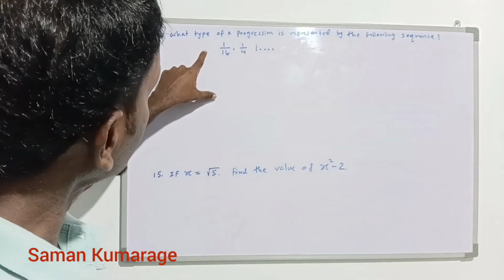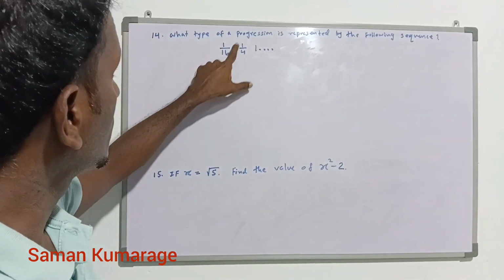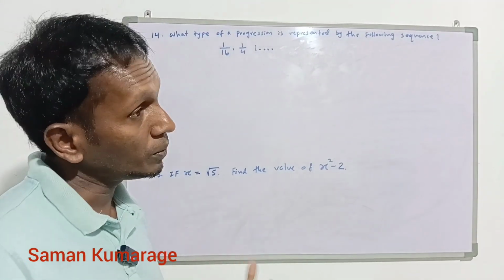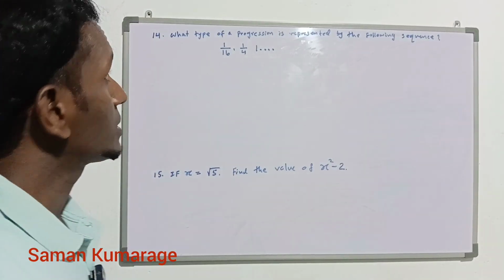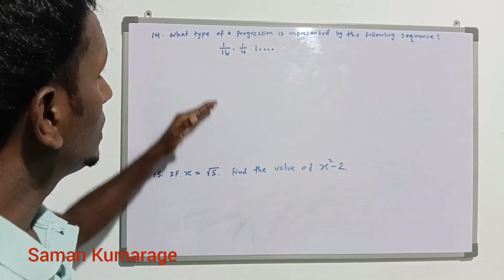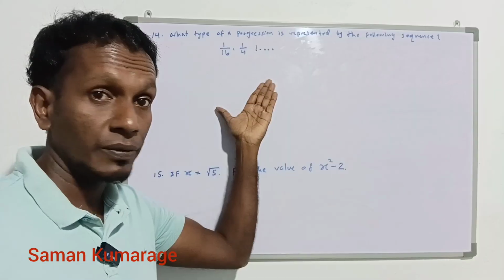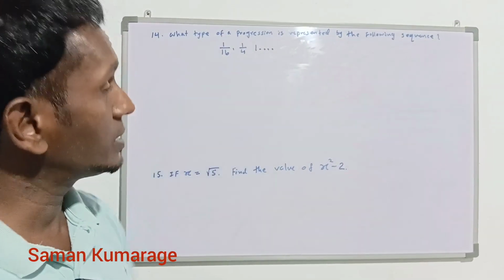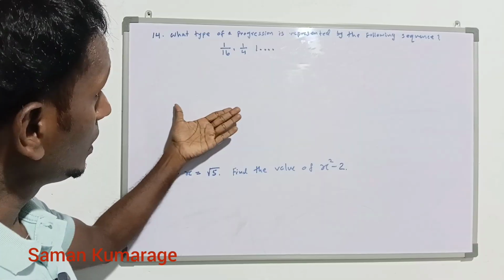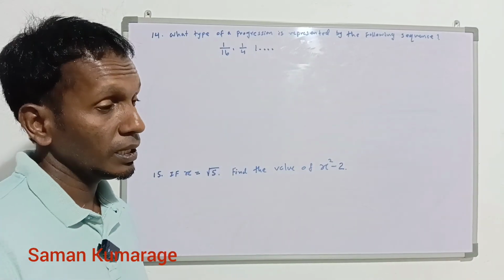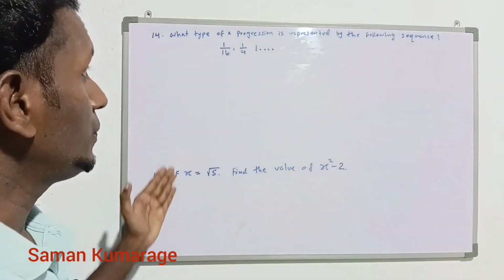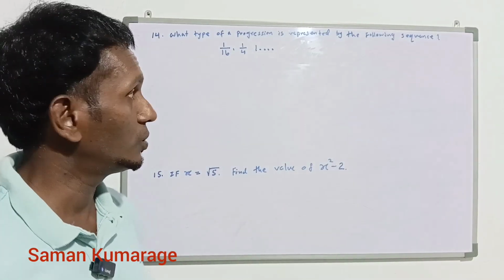One is an arithmetic progression, where we obtain every successive term by adding the common difference to the previous term. And in the geometric progressions, we obtain every successive term by multiplying the previous term by the common ratio.